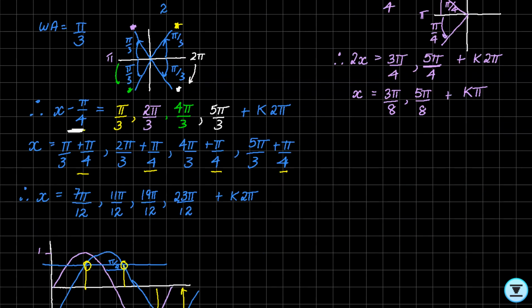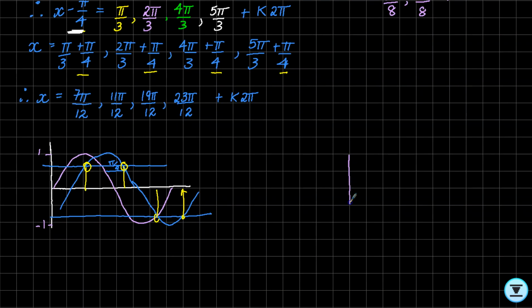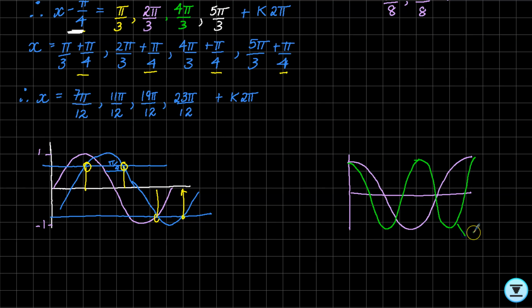And hopefully you're going, yeah, that makes sense, because our graph was originally this, but now cos 2x becomes this one. So that's cos 2x. And if we're looking at negative 1 on root 2, so somewhere around here, we've got 1, 2, 3, 4 solutions, as opposed to where it hits the purple, it would have only been 1, 2.